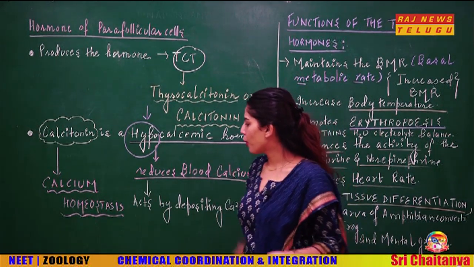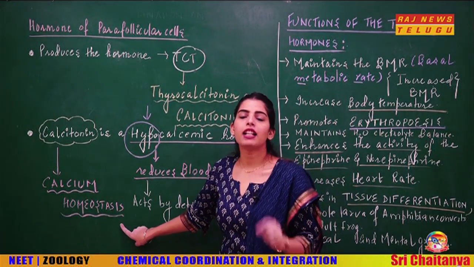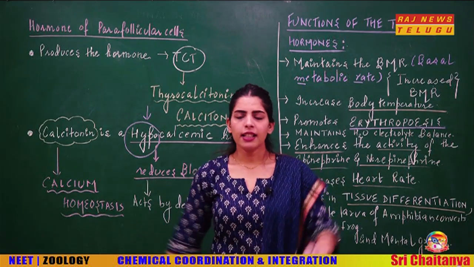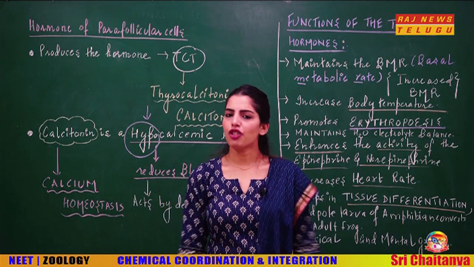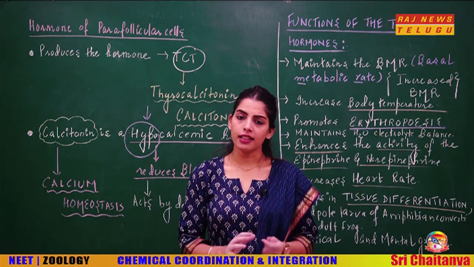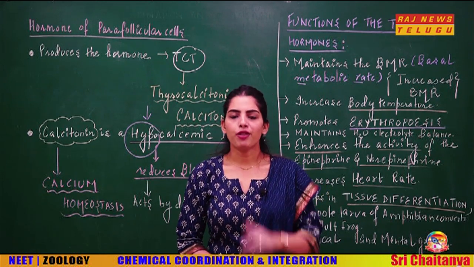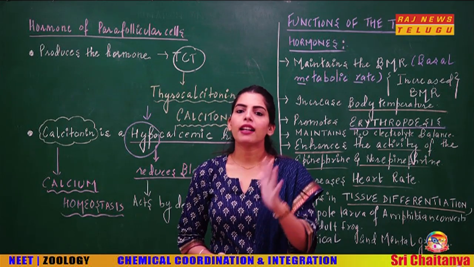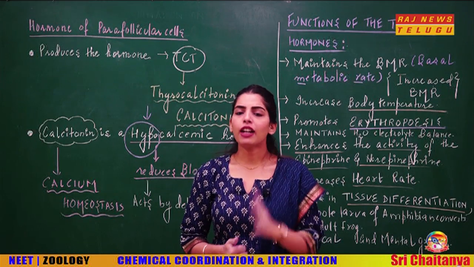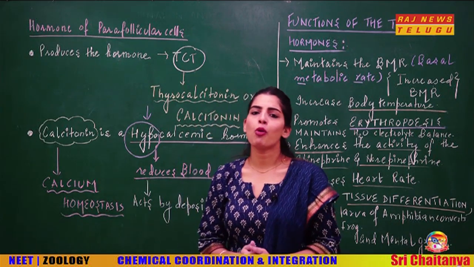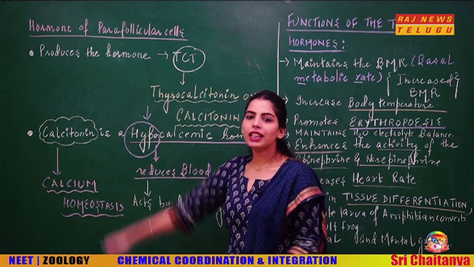Also I have written one more point. It maintains calcium homeostasis. When I say calcium homeostasis, that means the concentration of calcium in your blood is regulated. Not only calcitonin, students, we will also be discussing another gland, the parathyroid gland. The parathyroid gland is very important in maintaining calcium homeostasis along with calcitonin.